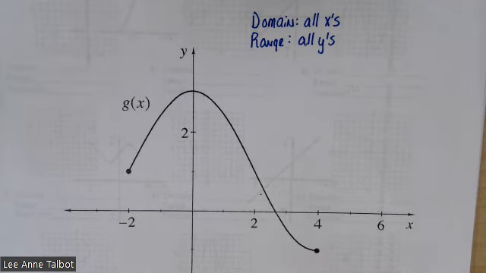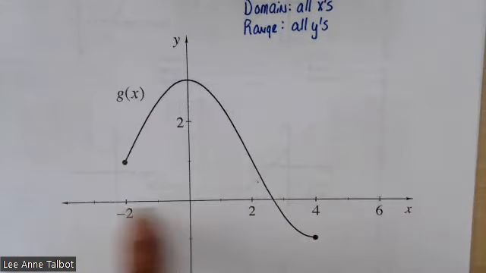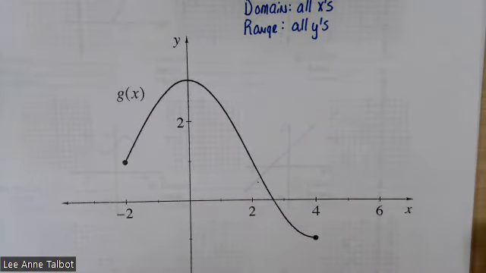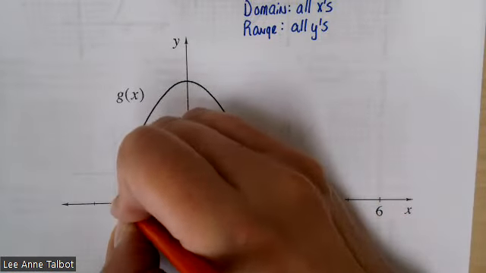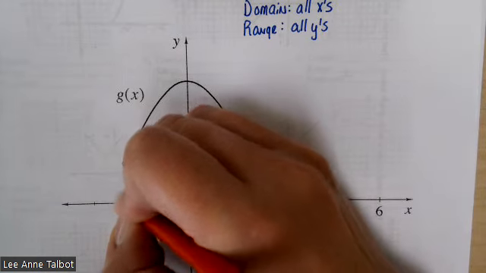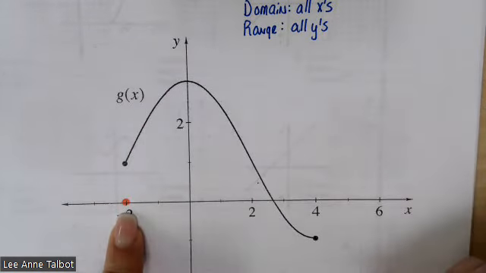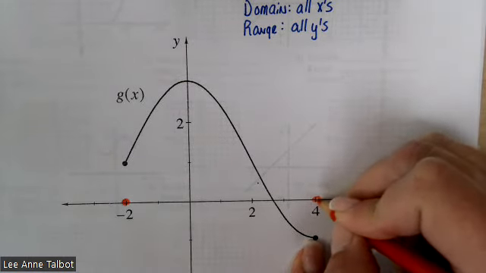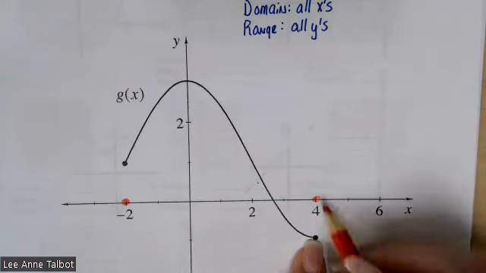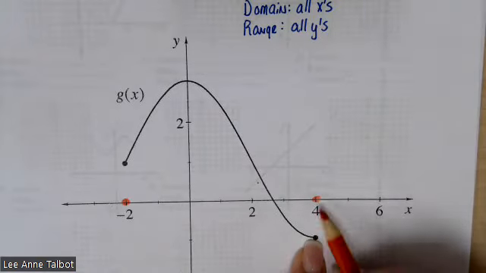What you're going to do is take your colored pencil, and when we talk about the domain, we're going to write on the X axis. I want you guys to go to the far left of this graph and make a dot because there's a dot on the left of this graph. And I want you to go to the far right on this graph and make a dot because there's a dot.